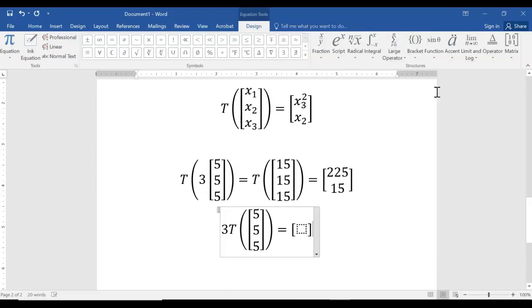So square 5, you get 25. Take x2, again, that's a 5, and that's all that is there. So we get 25, 5 after you apply the transformation, and then we're going to multiply that by 3 afterwards.